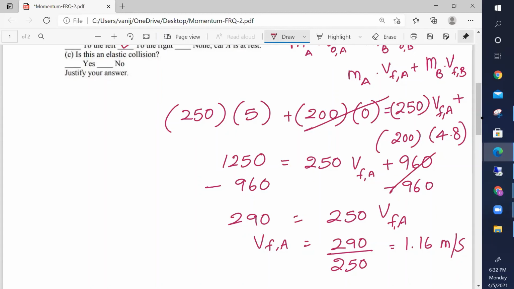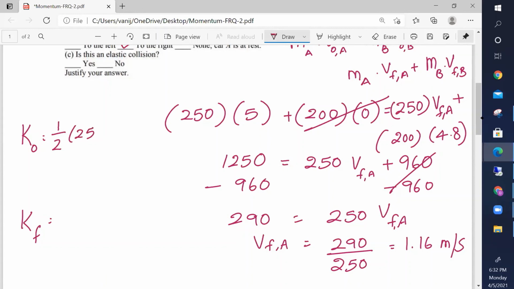So you can go ahead and figure out K initial and K final. If I'm looking at K initial, I'm looking at the kinetic energy of the two cars together before collision, right? I know that cart B is anyway at rest, so it's not going to have any kinetic energy. So I'm going to calculate the kinetic energy of the 250 kilogram cart.